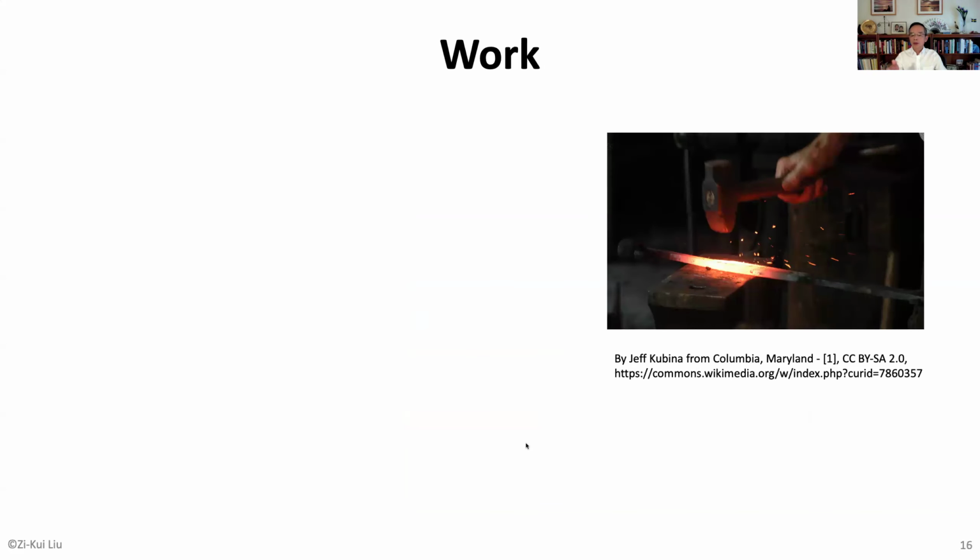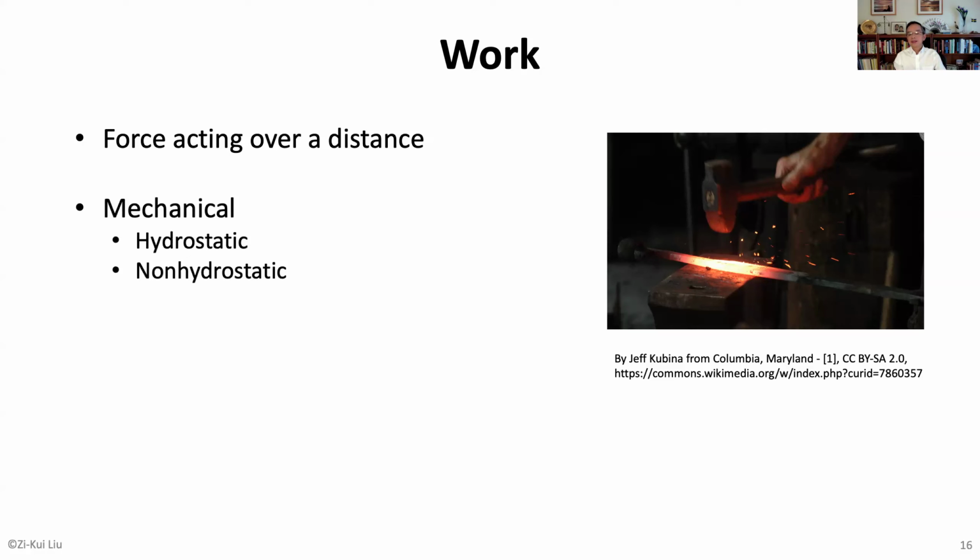Work. I show a photo here of a blacksmith hammering a piece of metal. The blacksmith does work on this piece of metal. So it's a force acting over a distance. Here is mechanical work.